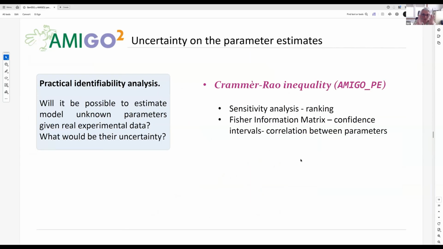So a second question that we may come up with is whether, with the experimental data we have, it is possible to estimate the parameters with accuracy, or how uncertain those parameter estimates are. So in AMIGO, we can run the practical identifiability analysis.